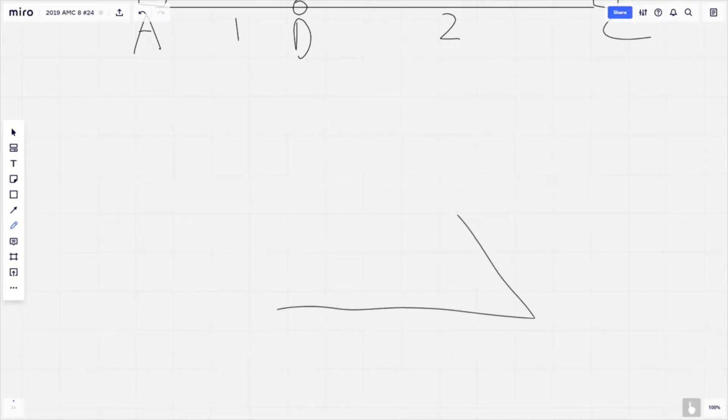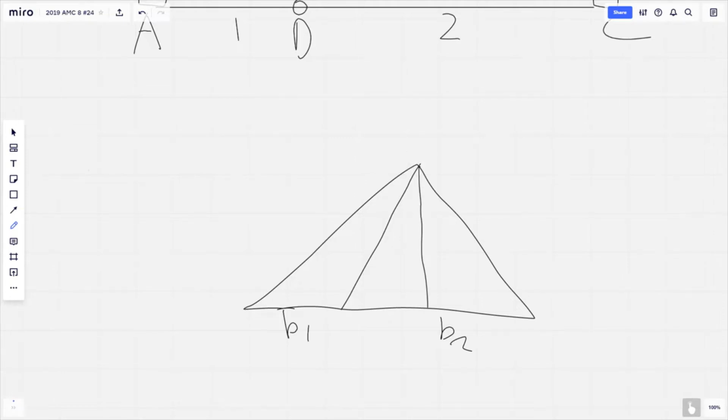So in a triangle, and this is an arbitrary triangle, we can go ahead and draw it so that we have a base 1 right here and a base 2 right here. The side lengths don't really matter for this purpose, but what's important is that they share the same height. So both triangles have a ratio of their areas as the ratio of their bases. We can call this A1 and this A2.